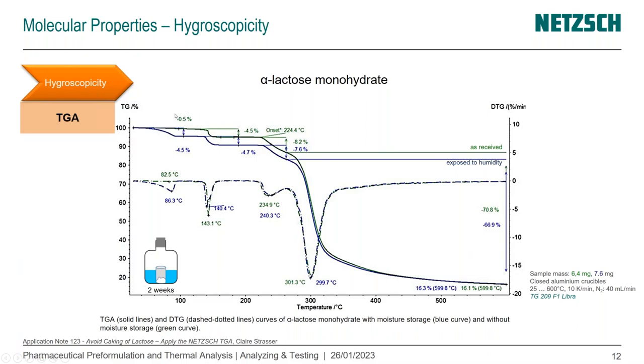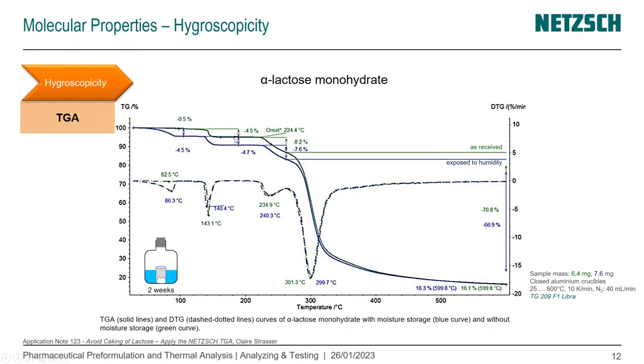The first step here, 0.5% of mass loss in the range of 100 degrees C, can be attributed to adsorbed water. This parameter is called loss on drying, and for alpha lactose monohydrate has to be smaller than 1%, according to the USP.